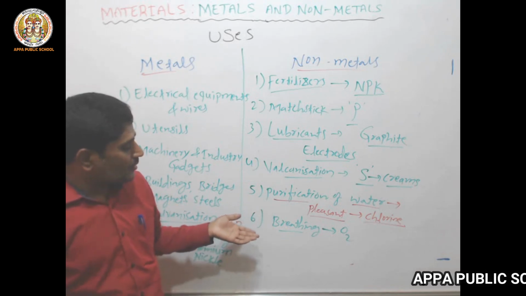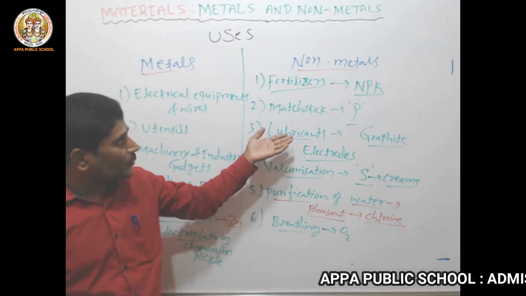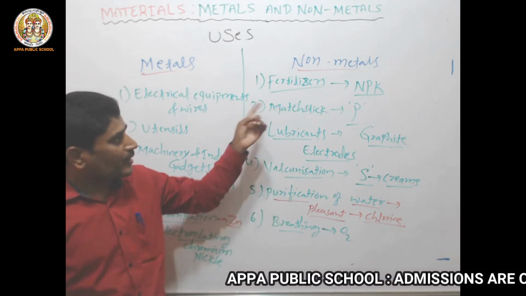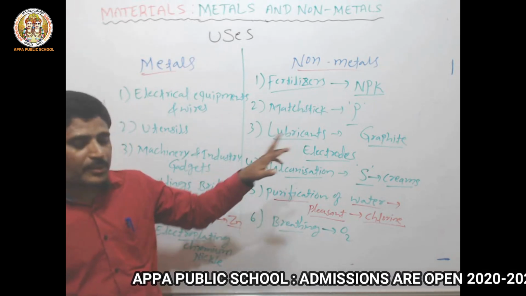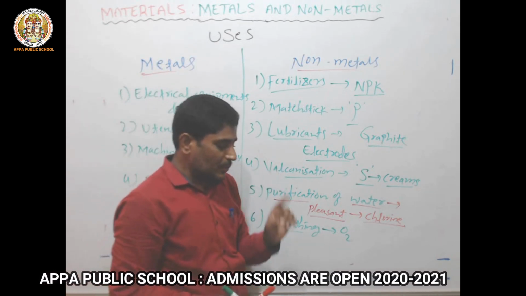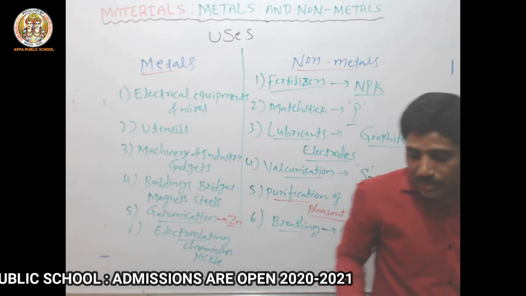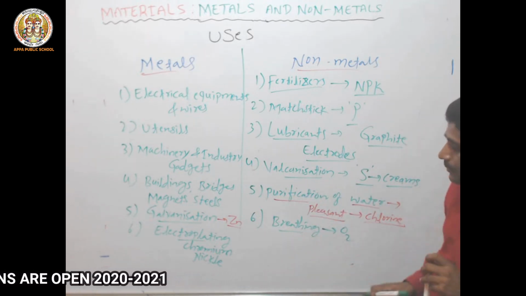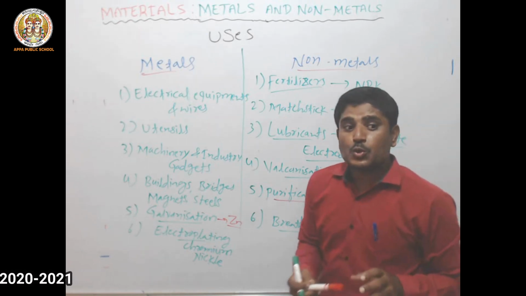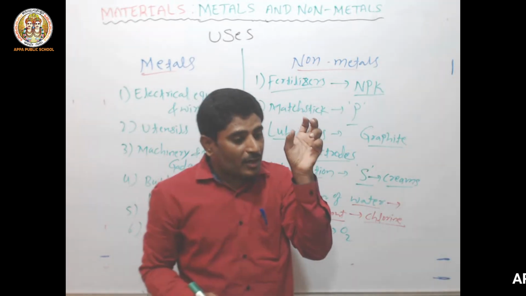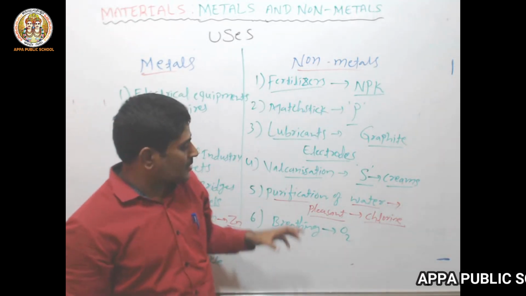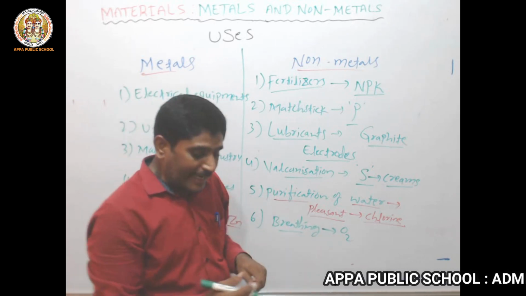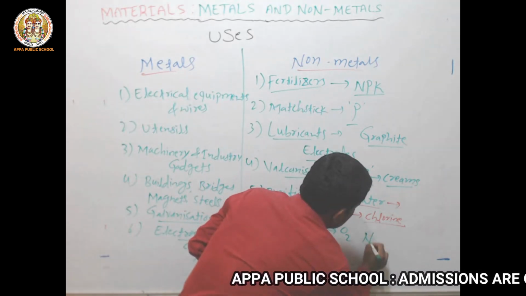Still, uses are there, my dear friends. Uses of non-metals: fertilizers, for the preparation of matchsticks, as lubricants, in the vulcanization process, purification of the water, next breathing purpose, and to store some of the human body organs, nitrogen gas is used.